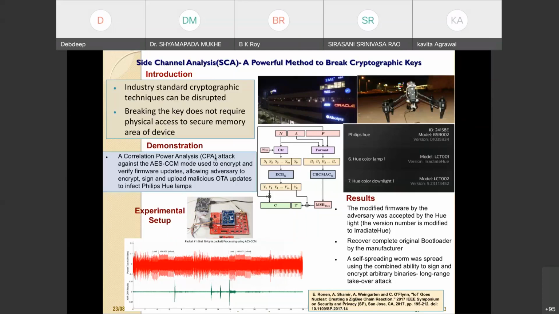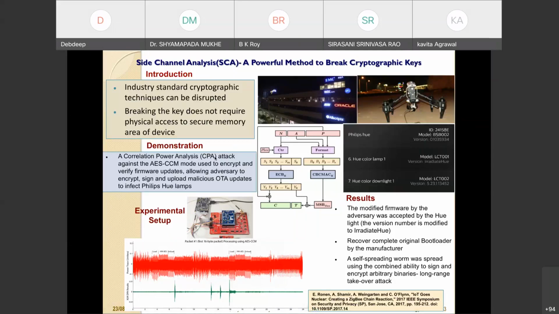These are called Philips Hue lamps, and they are used for automatic control and home automation, which means they are being deployed in offices and premises. As you can see in the top diagram, these bulbs are deployed in Israeli companies, very famous company names, in the office premises.